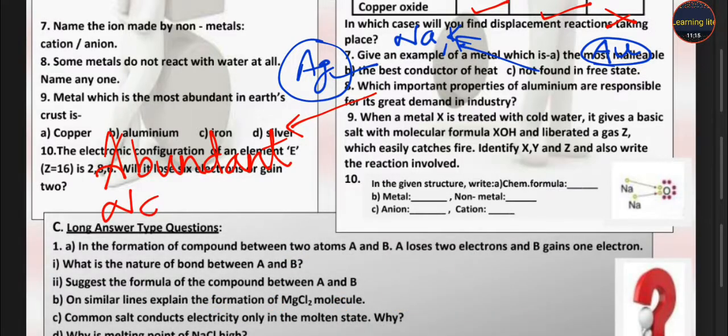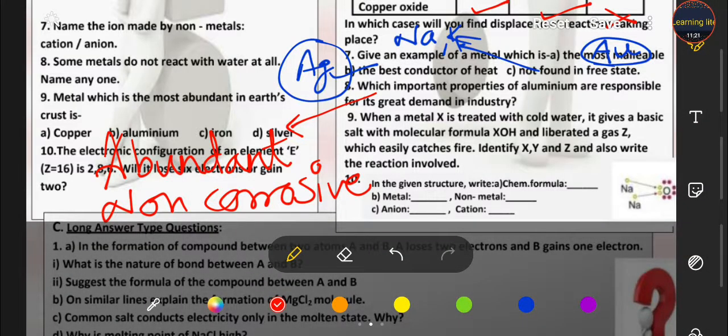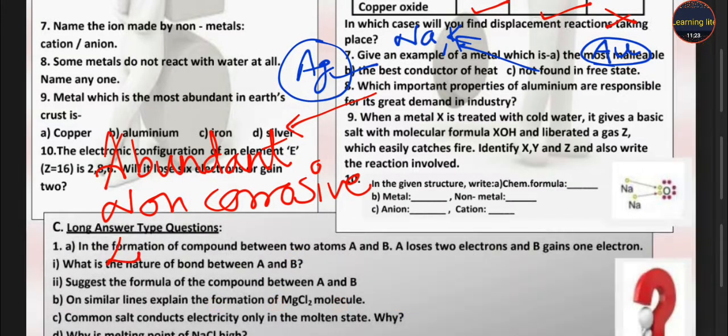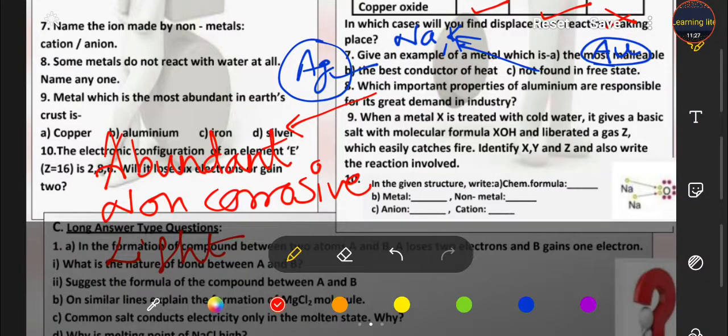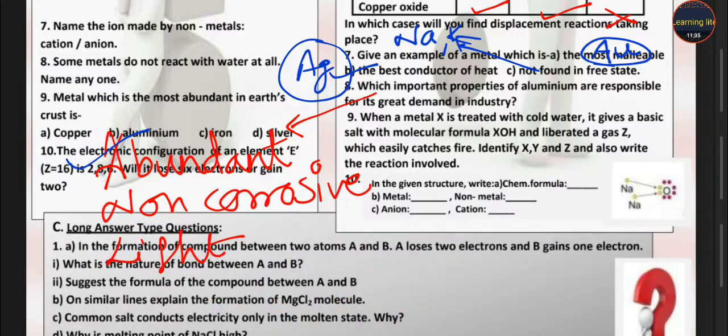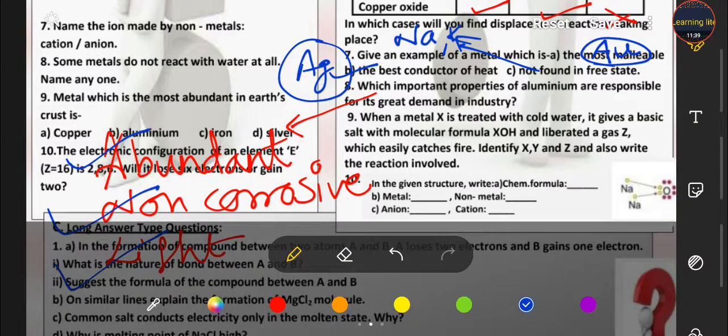Second, it is non-corrosive, because the aluminium oxide layer protects it from corrosion. And thirdly, it is very light. So these three properties make aluminium very popular in industries: aluminium is abundant, non-corrosive, and very light.